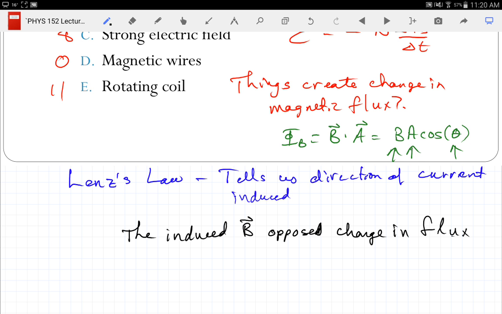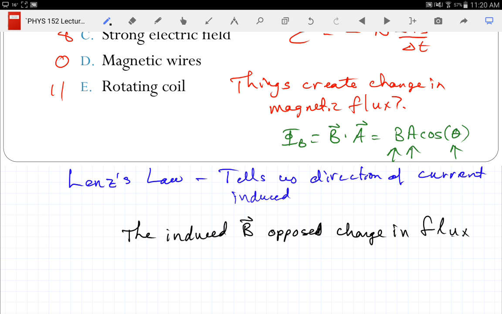So let us say that I have, this is a coil. So charge can go around the outside of the coil. And just for simplicity's sake, this is actually a magnet that has two poles, the north and the south. Let's say that these are both north and the south is down here in my hand. So if I take this magnet and I bring it closer, what happened to the magnetic field strength?